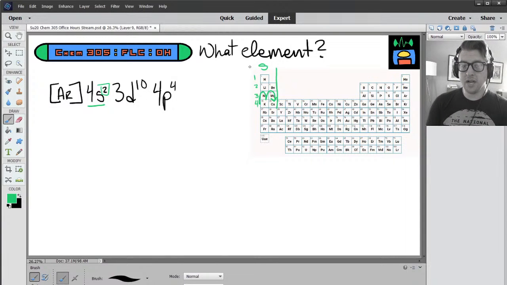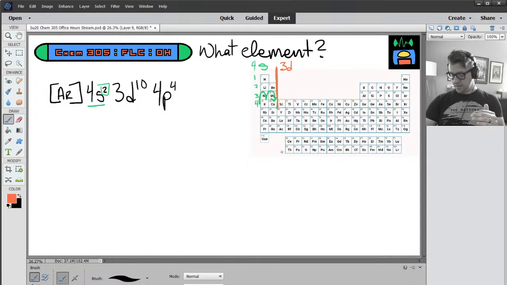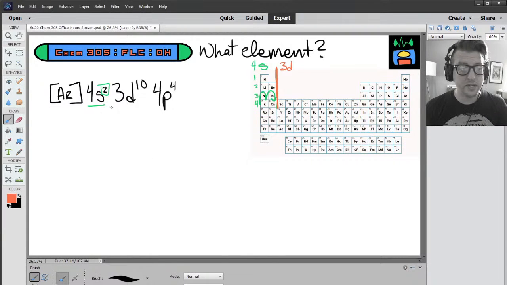Now, when you cross from the s block into the d block, as we're about to do now, the d energy level is always 1 lower than your s. You can hit up lecture, where I go into that.